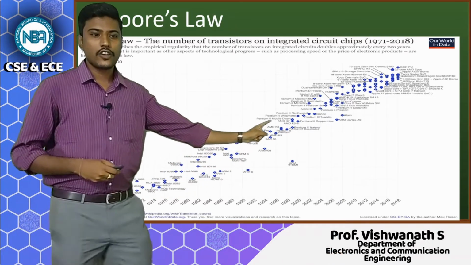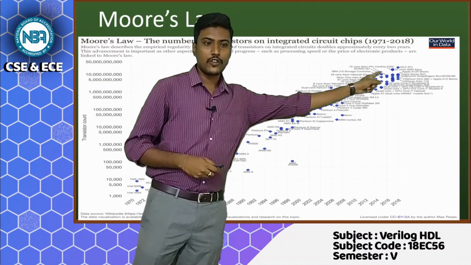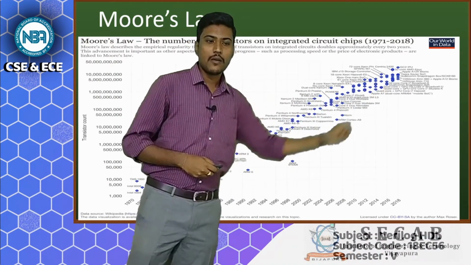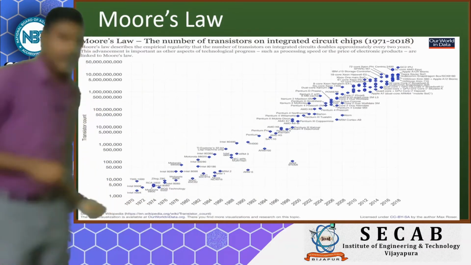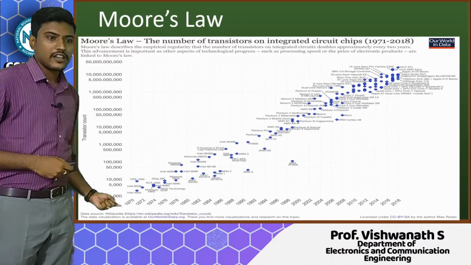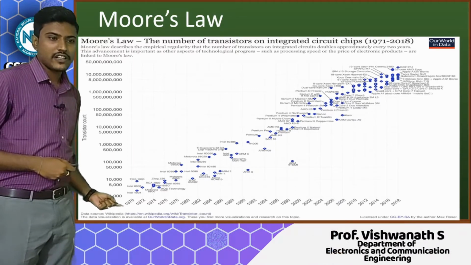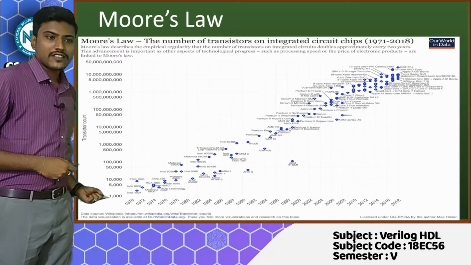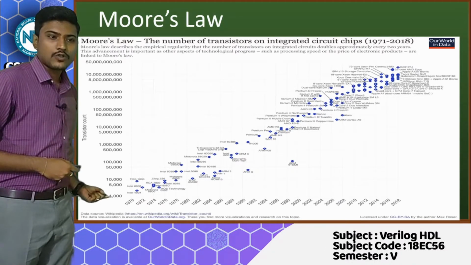As of now we are at Pentiums, but at this particular point, in the 1970s, the number of transistors packed into the device is only 1000.